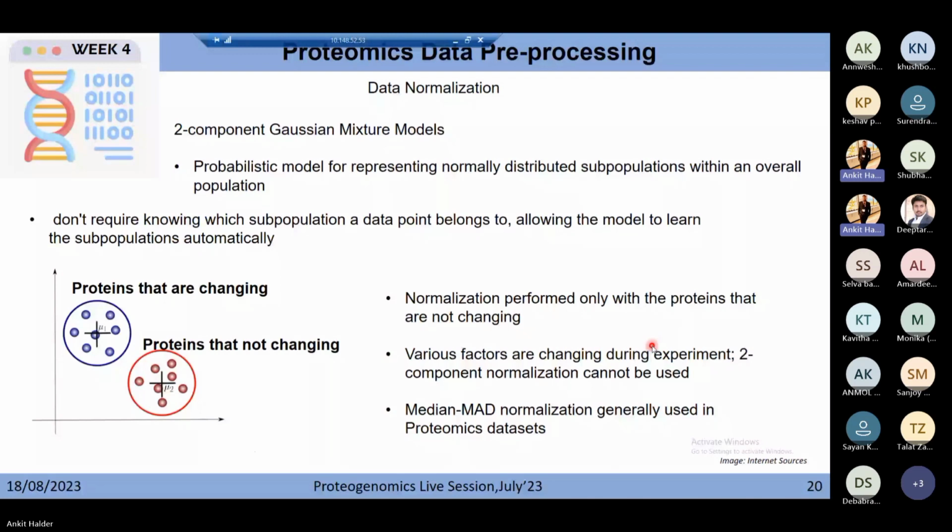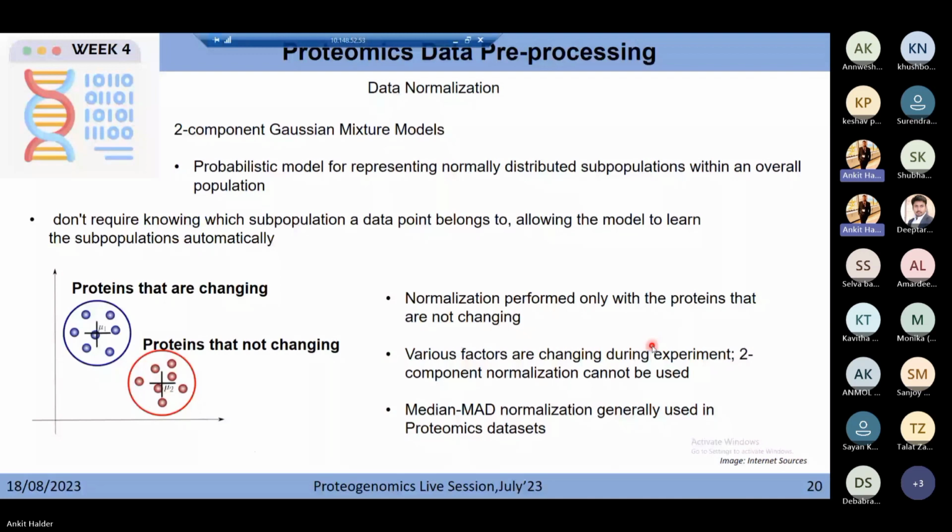Any question till here on data normalization, why we do it, and how to decide? The normalization depends on various factors like your data distribution, mean and variance, but in proteomics datasets we need to consider other things as well before selecting any normalization technique.